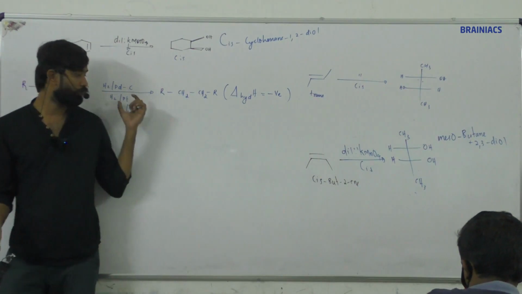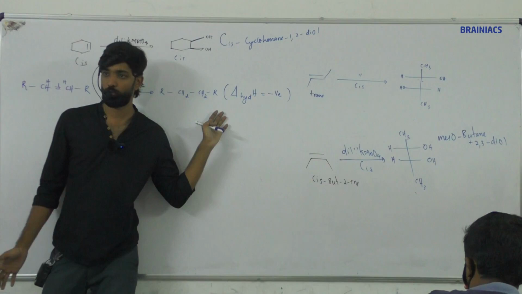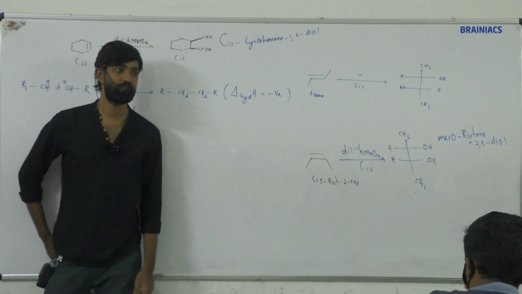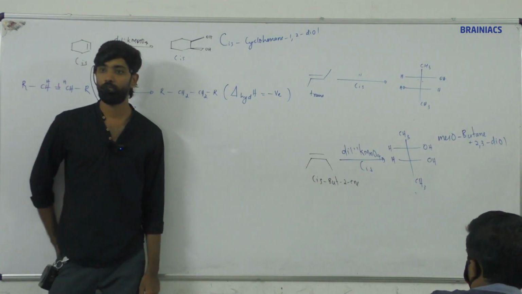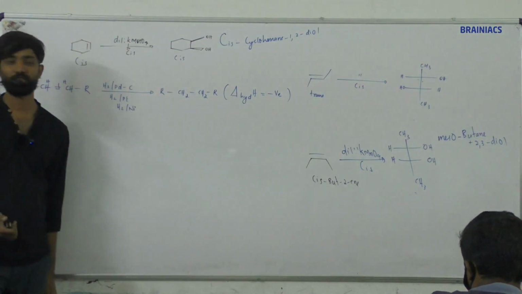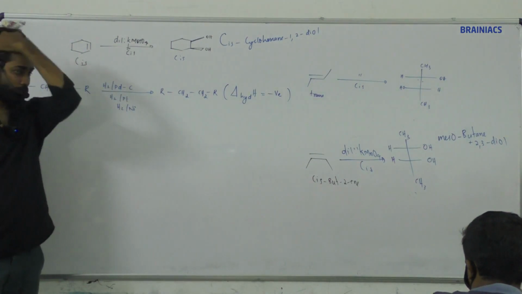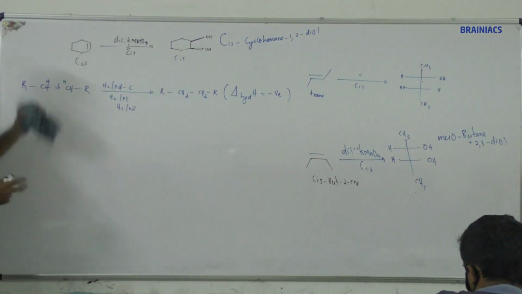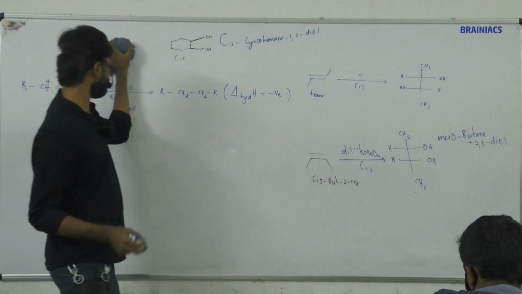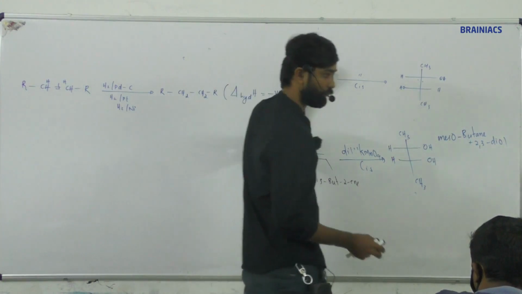Simply, when 1 mole of alkene is hydrogenated, it releases a specified amount of energy called the heat of hydrogenation.